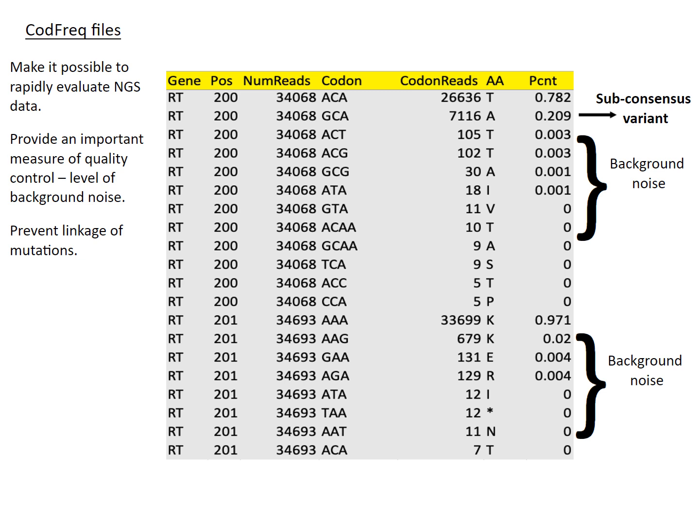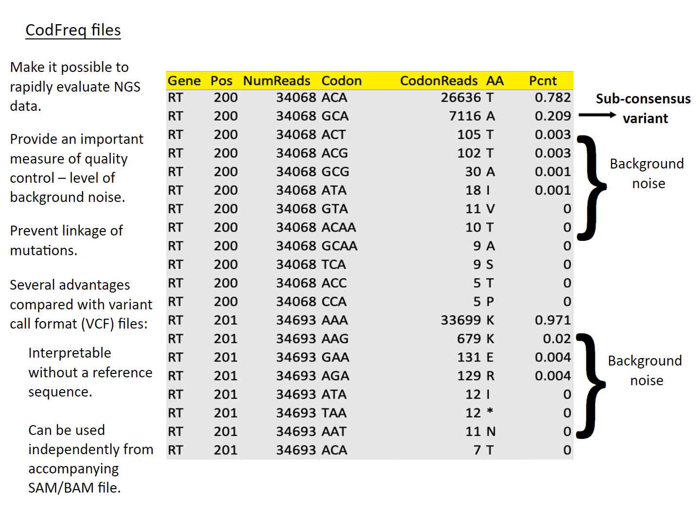The one disadvantage of codon frequency files is that it is not possible to know whether subconsensus mutations at different positions occur on the same reads. However, this is a minor disadvantage because it is never possible to be sure that mutations are linked on the same viral genome unless single genome amplification is performed prior to sequencing, and because linkages between mutations is not considered during drug resistance interpretation.